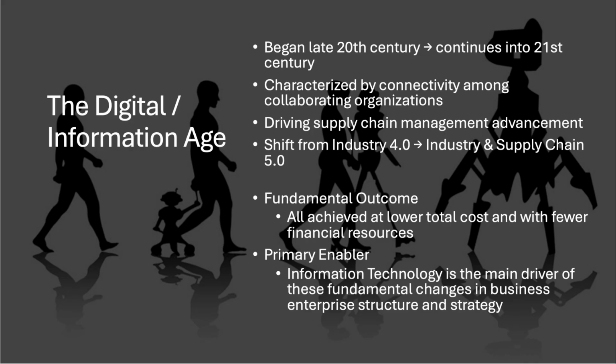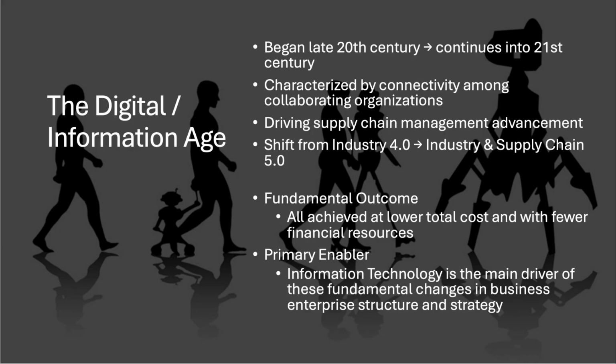In earlier periods, supply chains were often managed through paper records, phone calls, faxes, and fragmented systems. Today, supply chains increasingly rely on integrated digital platforms. The shift from Industry 4.0 to Industry and Supply Chain 5.0 reflects this evolution.